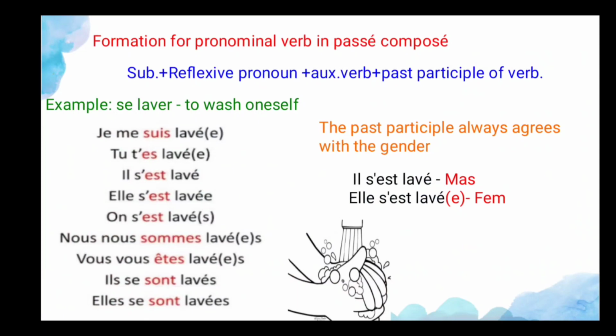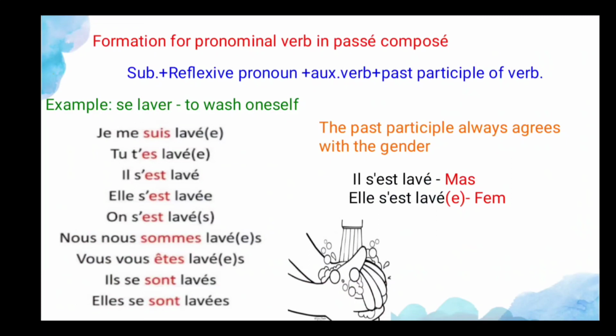For all pronominal verbs you have to use the verb être only, that is suis, es, est, sommes, êtes, sont. And the past participle of the verb. Here the verb ends with er. For an er verb, what is the ending of the past participle? That is é. So the meaning of se laver is to wash oneself.